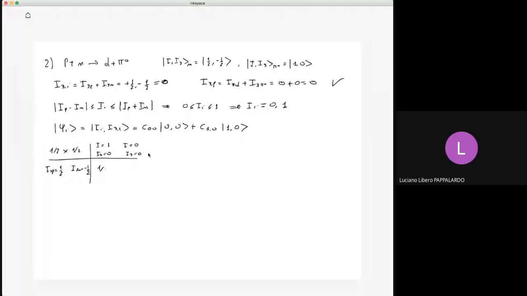So what we have here is 1/2 and 1/2. And so our initial state wave function will be square root of 1/2 |0,0> plus square root of 1/2 |1,0>.